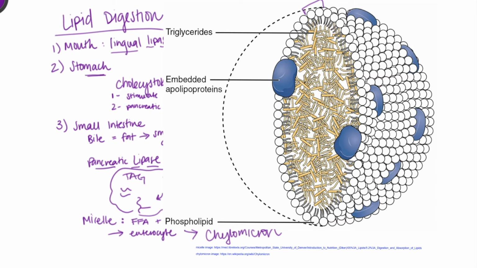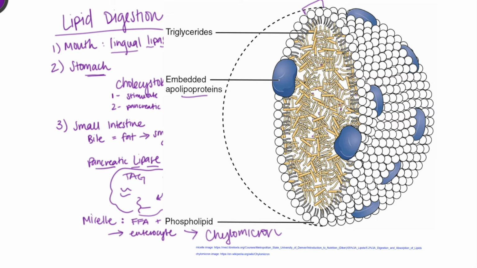You're also going to see the content being similar, with our cholesterol and triglycerides on the inside portion. And one thing that is a little different is you're going to see some embedded apolipoproteins. We're not going to go too much into those today, but just know that there are some proteins on the surface of our chylomicron to help them form together.